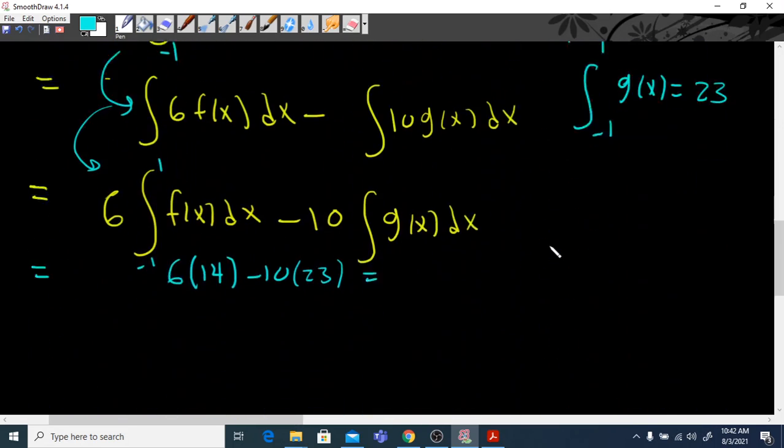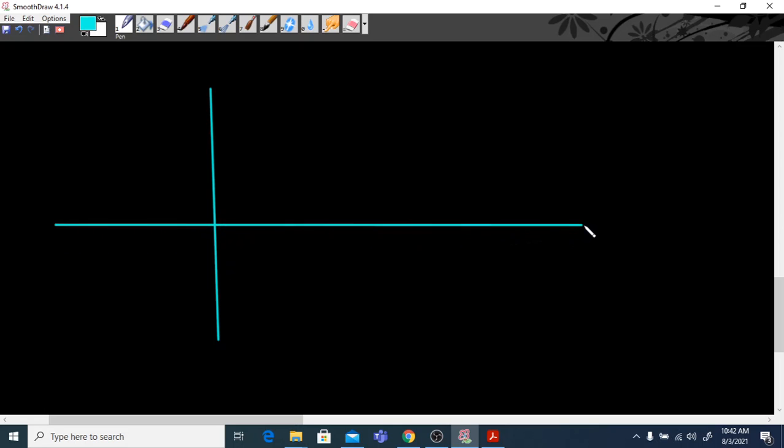What else do we have? Let's look at just some graphical things really quick. If I have something like this, let's say this is A1 and this is A2. Clearly A2 is bigger. Let's say this is -3, this is -2, and this is 1 over here.